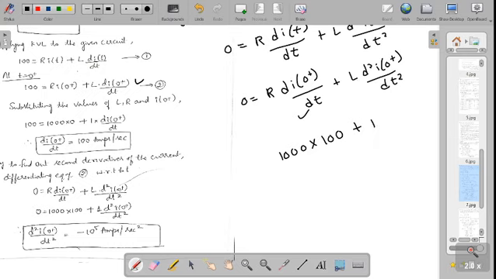L would be 1 Henry into d square i of 0 plus divided by dt square, and this will be equal to 0. Now you find the value of this, so d square i of 0 plus divided by dt square equals this term. Let us move this term to the other side.